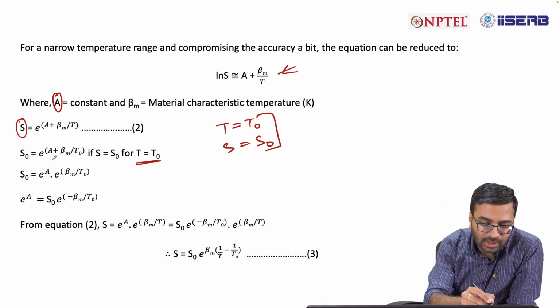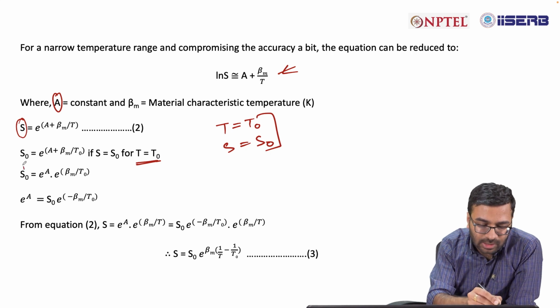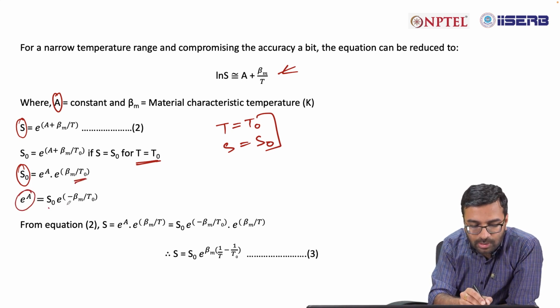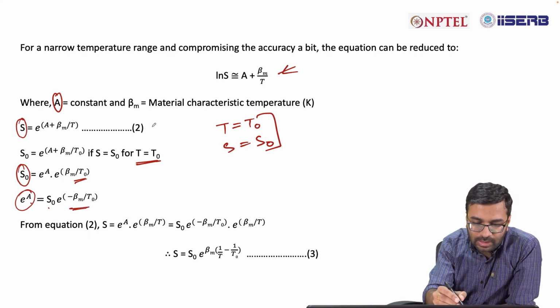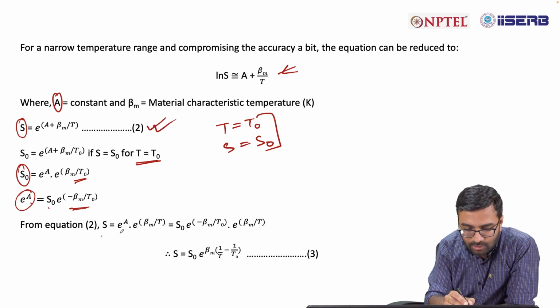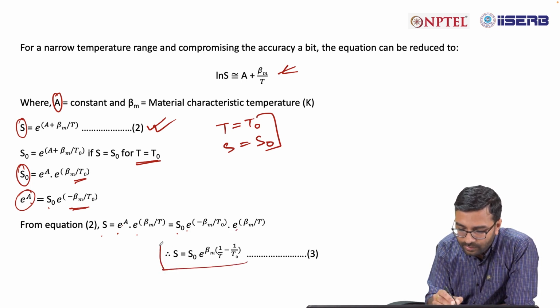Then if you put it in this equation, S0 is equal to e to the power a into e to the power beta m by T0, so e to the power a becomes S0 into e to the power minus beta m by T0. Then if you put the value of e to the power a in equation 2, S is equal to S0 into e to the power minus beta m by T0 into e to the power beta m by T.